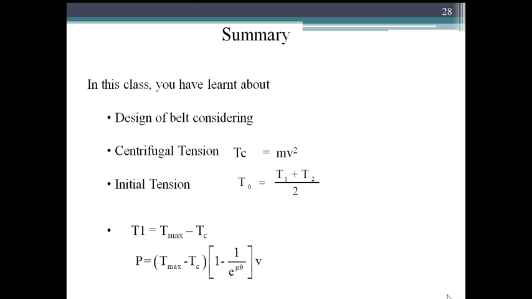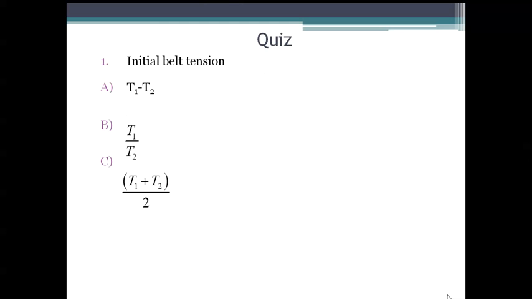So there is a power loss, then P equal to (T max minus Tc) into (1 minus 1 by e power mu theta) into V. The initial belt tension formula is (T1 plus T2) by 2, and the centrifugal tension formula is mv square.